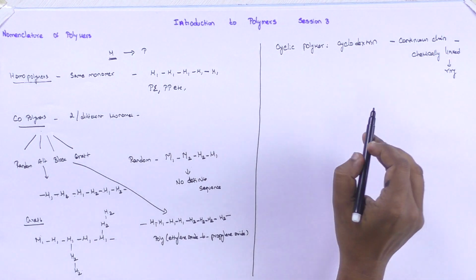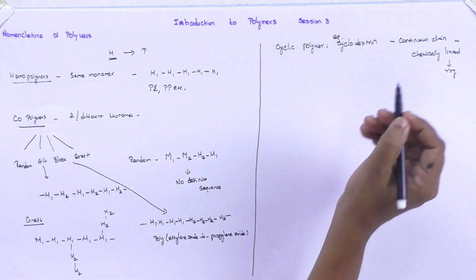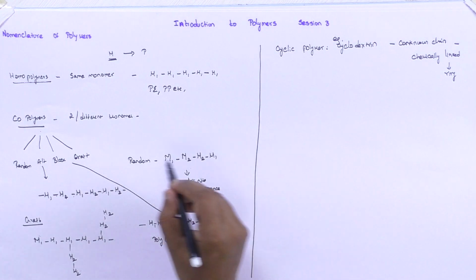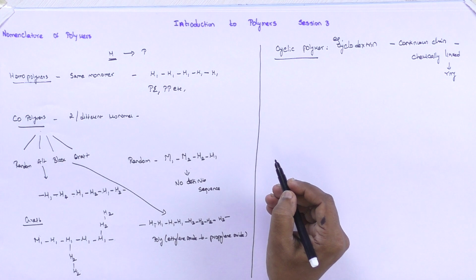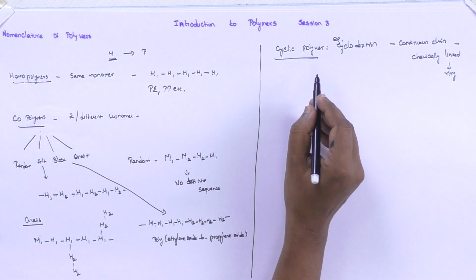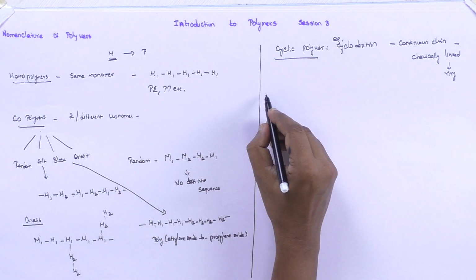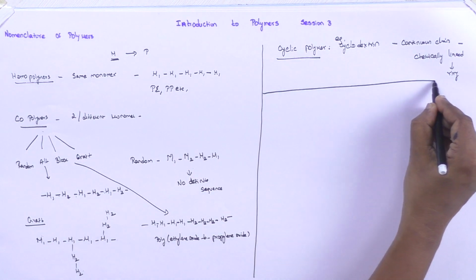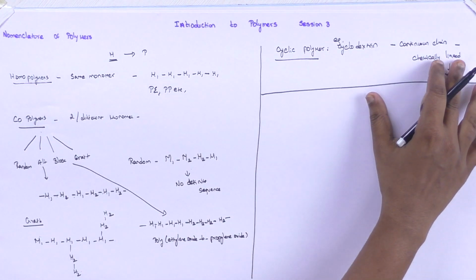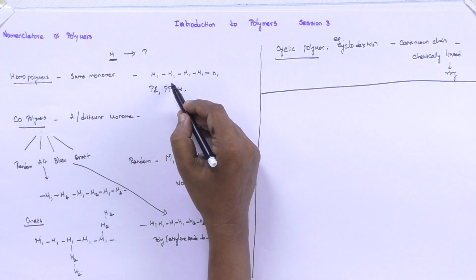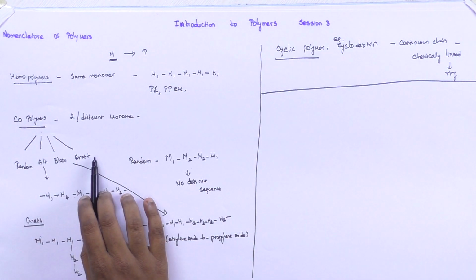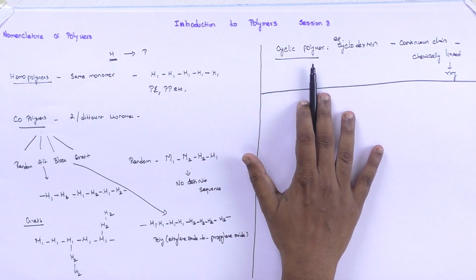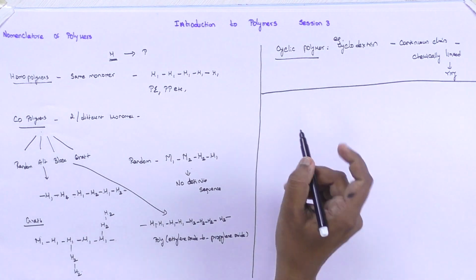This is called a cyclic polymer. Example is cyclodextrin. So, apart from homopolymer and copolymer, we also have cyclic polymers, which are found more or less rarely in nature. So, this is about nomenclature. We are not going to name any polymers. Instead, we saw what a homopolymer is, what a copolymer is, what the types of copolymer are, and what a cyclic polymer is.